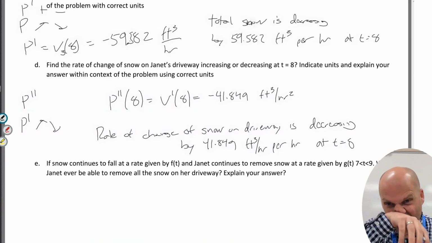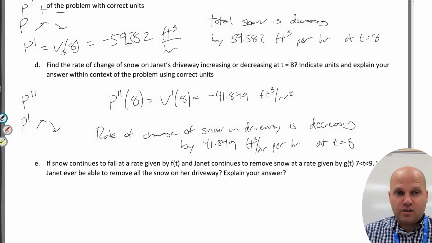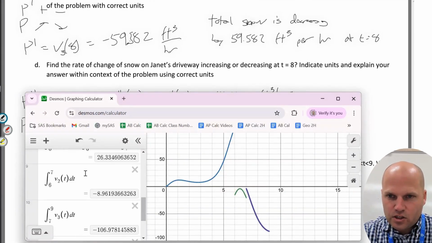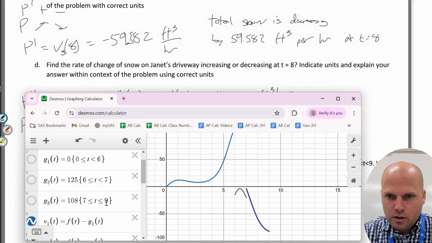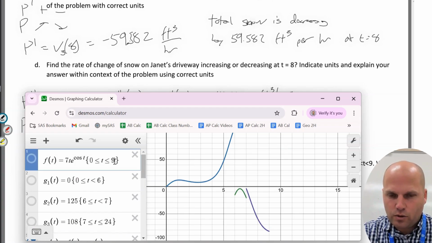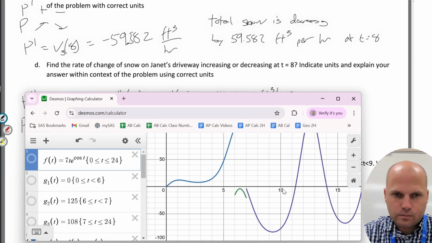If snow continues to fall at the rate given by F, and Janet continues to remove snow at the rate given by G of t from 7 to 9, will Janet ever be able to remove snow in her driveway? Okay, well, let's just expand this to, I don't know, 24. Uh-oh.